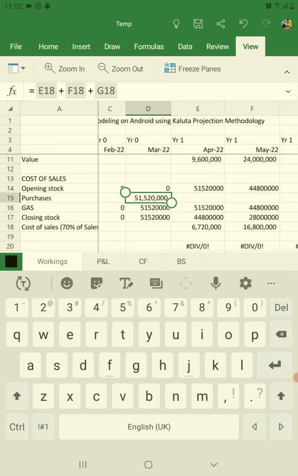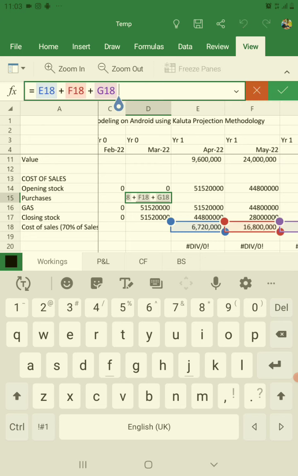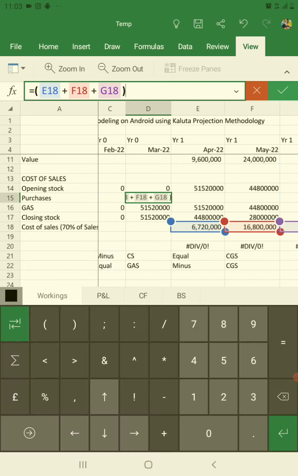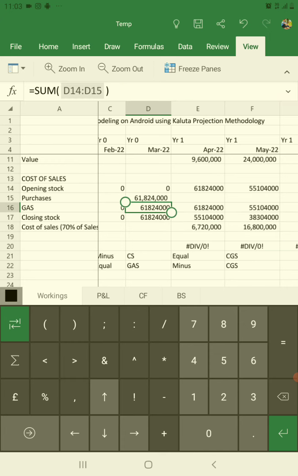And let me click again here, and now I can go to the beginning here, put a bracket, come at the end here, put a bracket, and then multiply by 1.2, so that it provides a markup of 20% in addition to what I expect to sell for the 3 months.